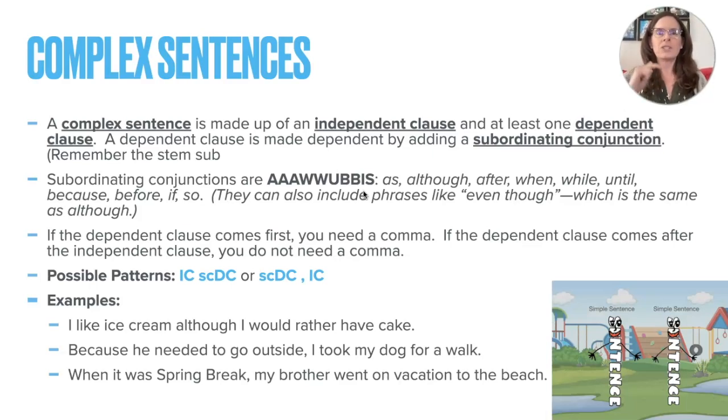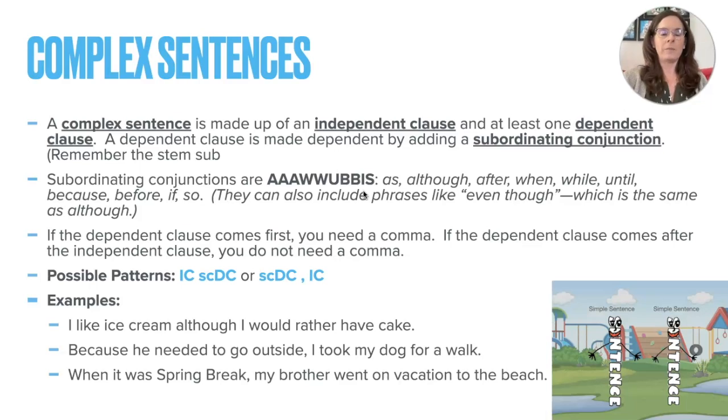We call them subordinating conjunctions because of the stem sub. Think about sub. When you add sub to a word, it makes that word less than or lower than, like subtraction, substitute. So a subordinating conjunction makes a clause less than a sentence. It makes it dependent. It cannot stand on its own.